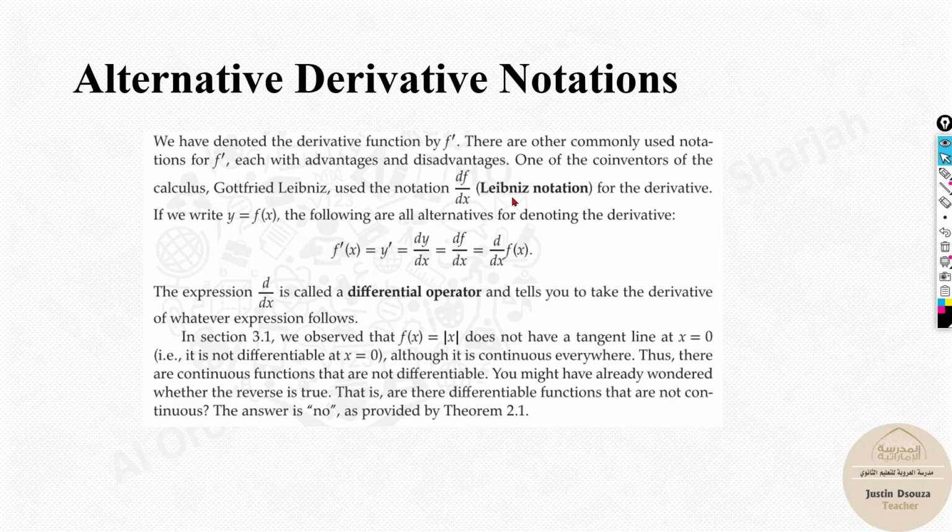He also found derivatives, calculus on his own. He didn't take the idea from Isaac Newton. Isaac Newton was widely known to invent the calculus. But Leibniz, on his own as well, found the calculus, and he used different notations like df by dx, like this. Those notations are called Leibniz notation.